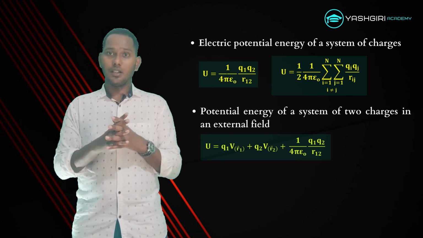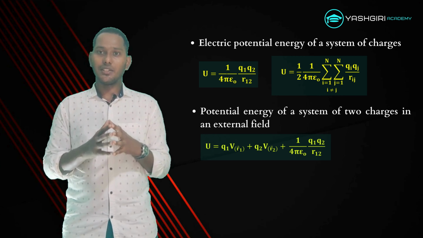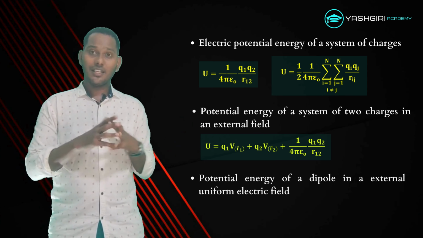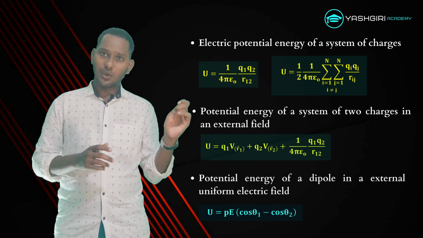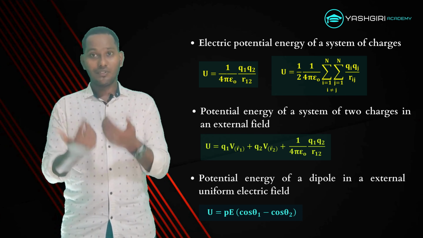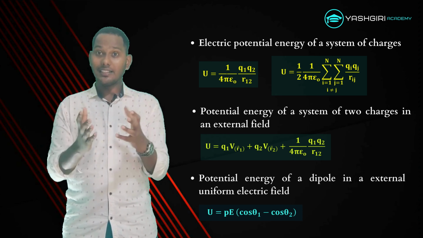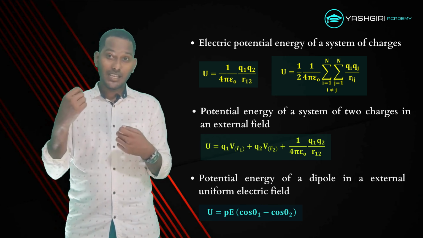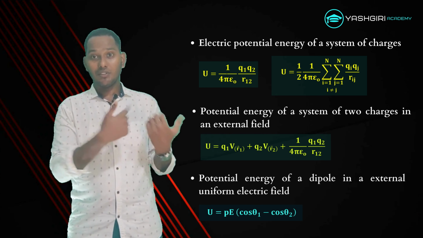And then later we also obtained the electric potential energy for a dipole placed in an external field, and if you just see the relation here, students, it will be dipole moment into electric field into cos theta 1 minus cos theta 2. Theta 1 here is the initial angle at which you place the dipole, that is the angle between the dipole moment and the electric field initially, and theta 2 is your final angle, right?